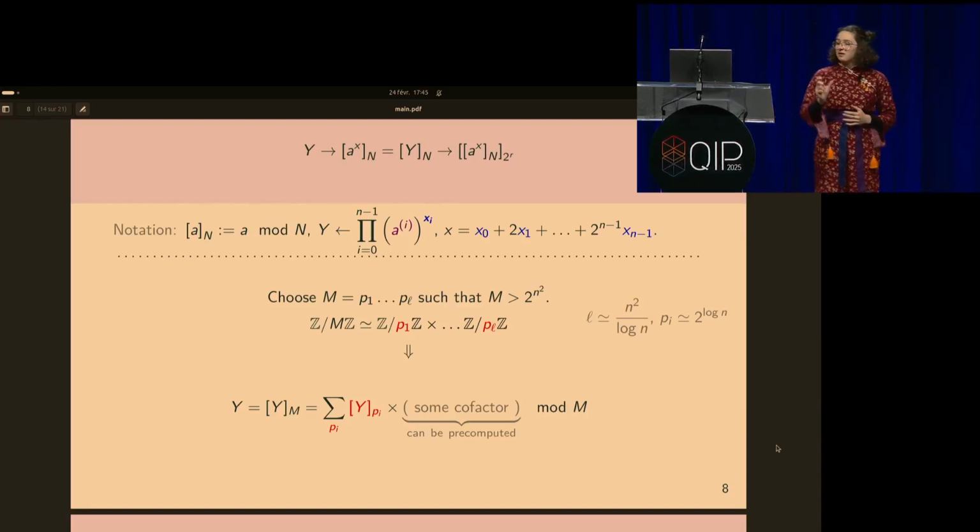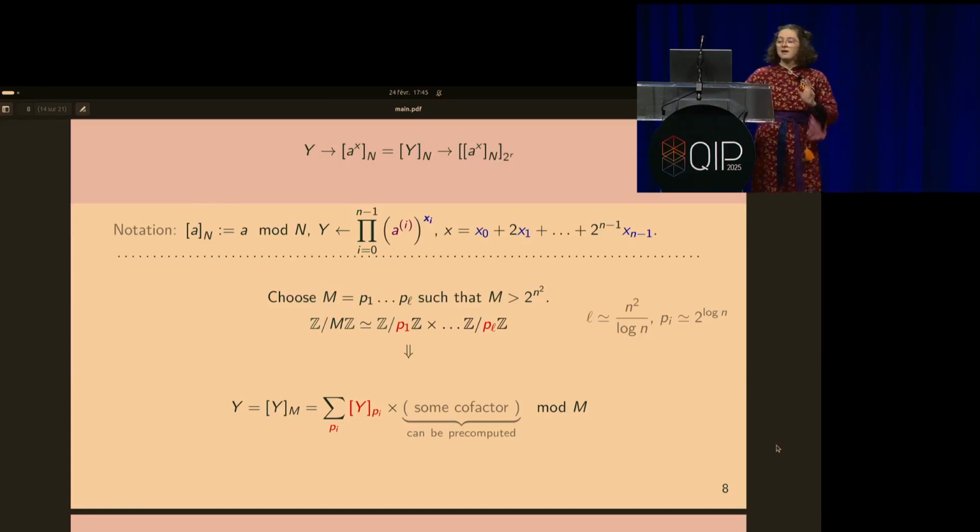The second reason is that for the y modulo p_i, we can choose the p_i to have a bit size of log n, where n is the bit size of the integer big N we want to factor, so we can choose them very small. So the y modulo p_i we have to compute to get y in the end are also very small, and basically we don't need a lot of qubits to store them. So those are the two main advantages of this way to compute y.